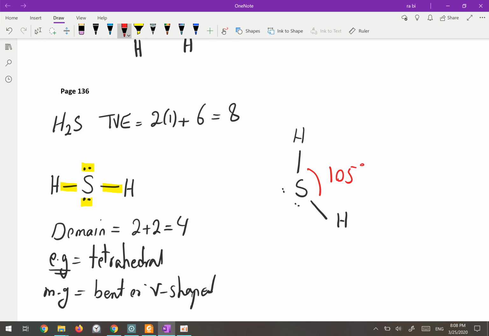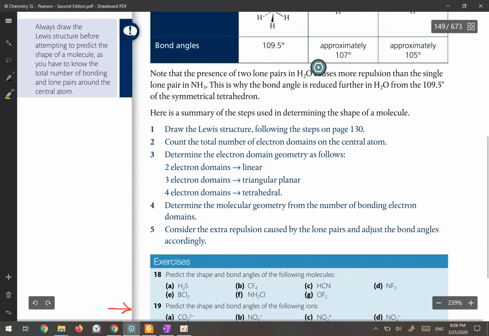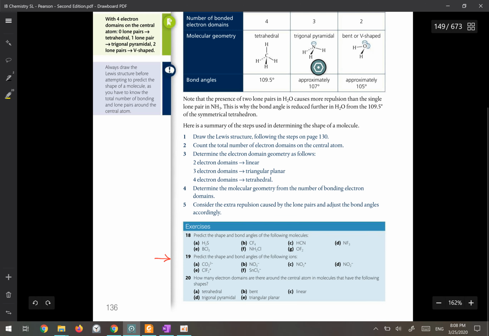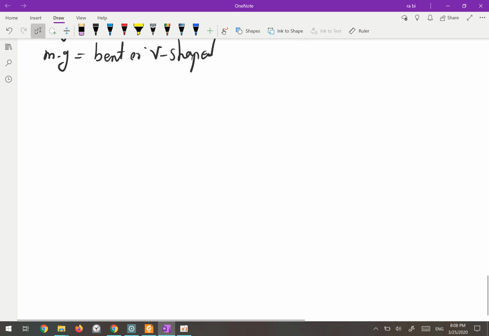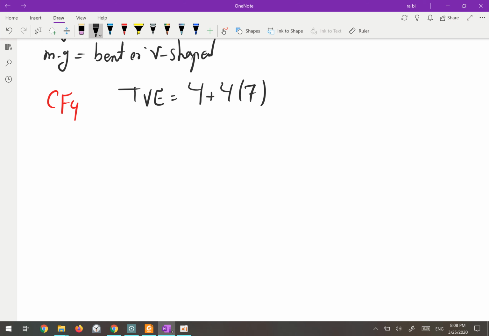Okay, let's go to the next example. What was the next one? The next one is CF4. So let's draw the CF4. Total valence electrons: carbon is 4 plus 4 times 7 for the fluorine.